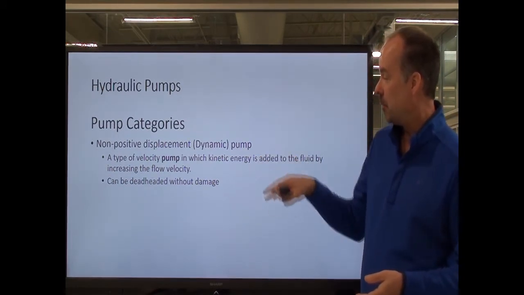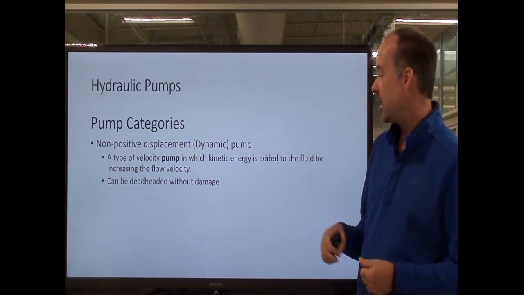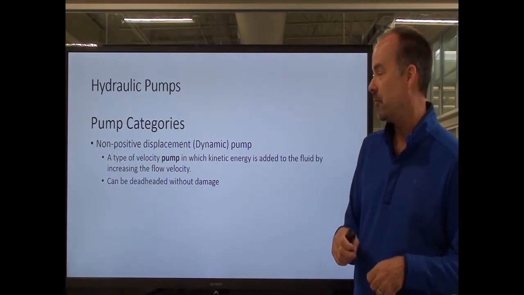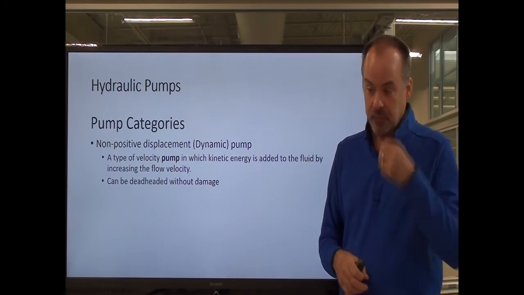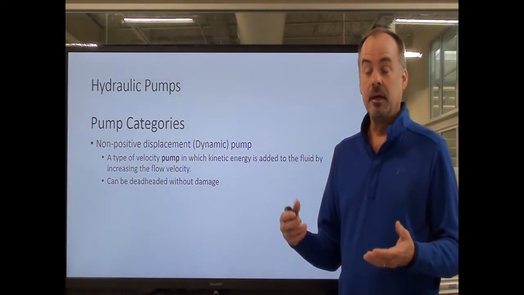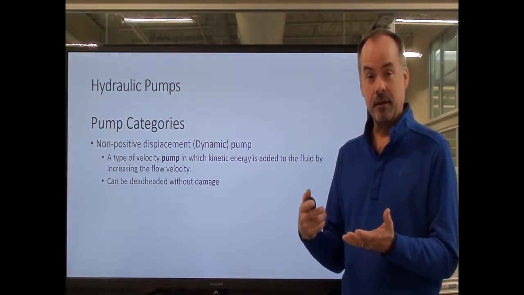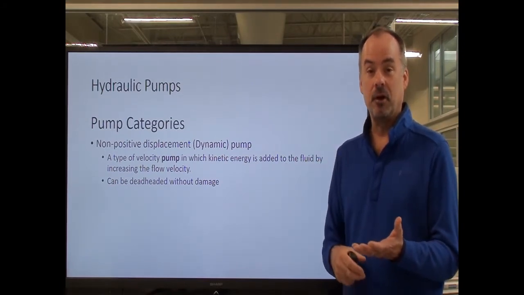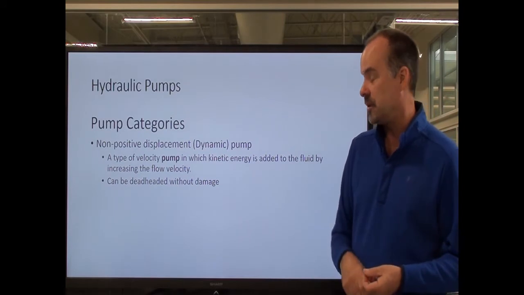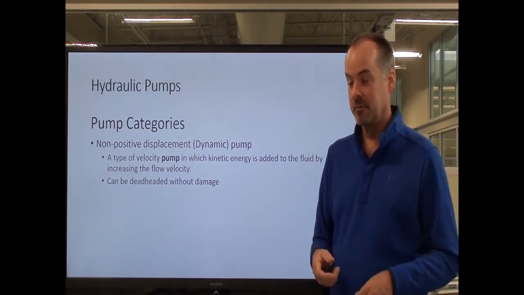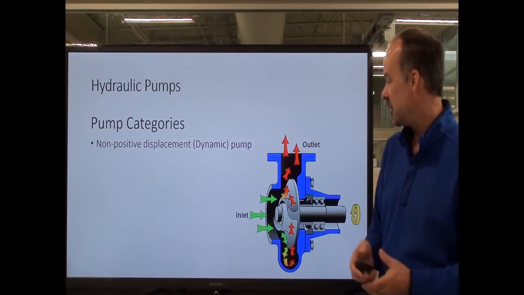The dynamic pump is a velocity pump in which kinetic energy is added to the fluid by increasing the flow velocity. Basically, we've got an impeller or a fan inducing flow into the fluid. And these types of pumps can be deadheaded without damage, and I'm going to discuss that a little bit more in just a minute.